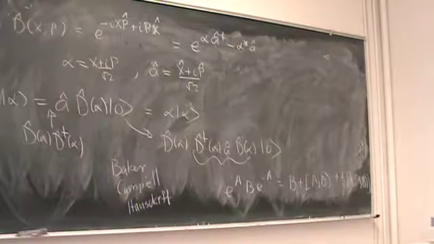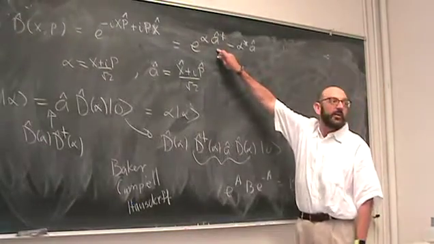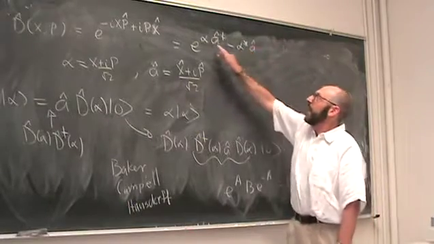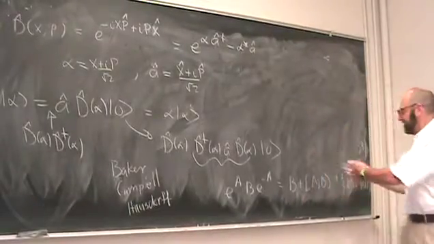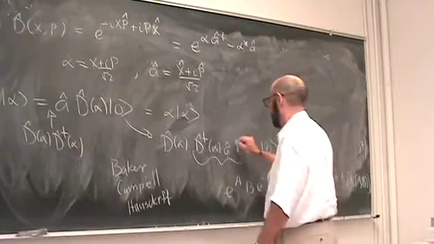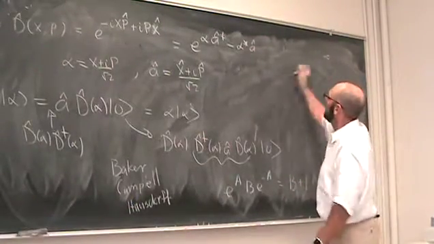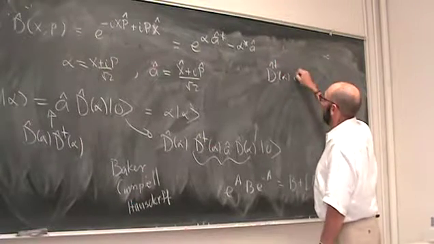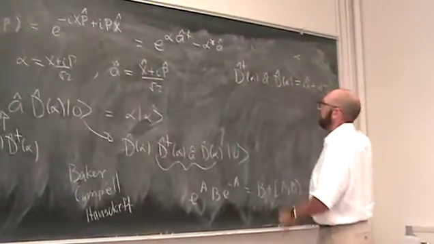That's how you do that. When you do that, the commutator of this with that gives me alpha, and everything else commutes. So D dagger alpha A D alpha is A plus alpha.